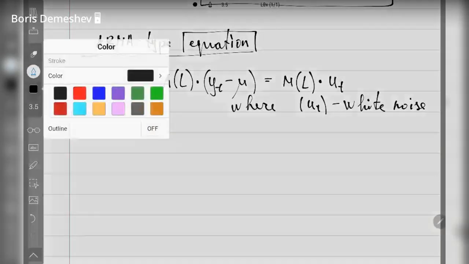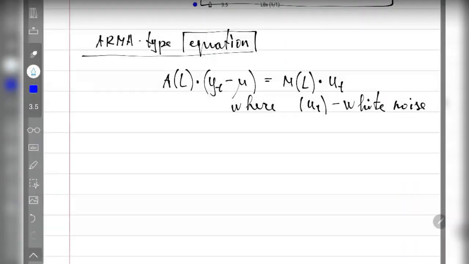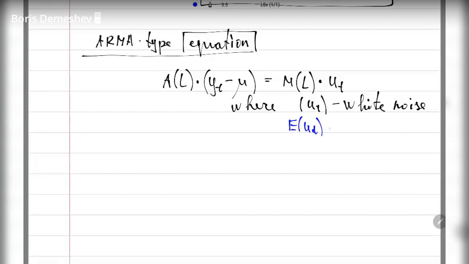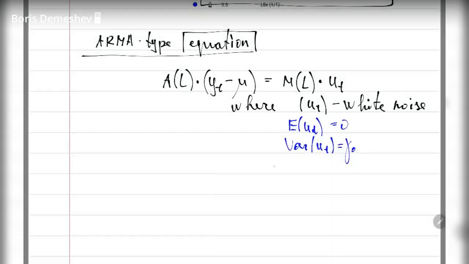Just let me recall what a white noise is. What are the assumptions for white noise? Expectation of UT is 0. What else? Constant variance. Variance of UT is equal to gamma 0. Yes, for white noise, you are exactly right.